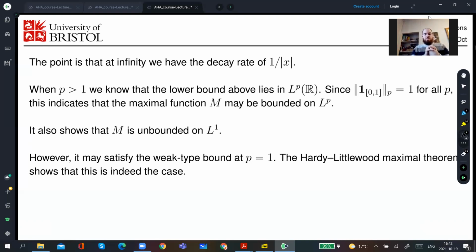So we've actually deduced that the maximal function in LP is finite for any p greater than 1 if your function is compactly supported. But the Hardy-Littlewood theorem says that when you divide that by the LP norm of the original function, that constant doesn't depend on the function at all.